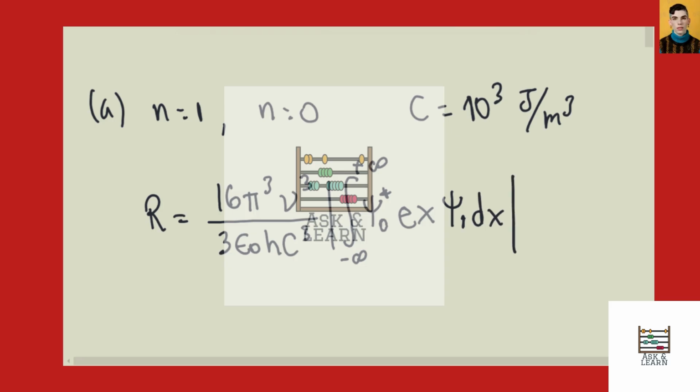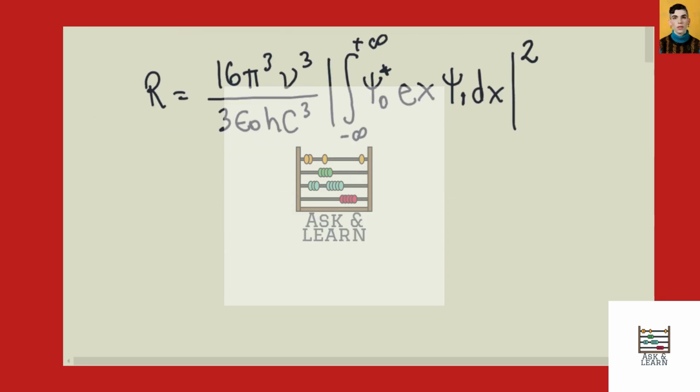We take the magnitude of this and then we take the square. The frequency is going to take the value of 1 divided by 2 times pi times the restoring force constant C divided by the mass, all elevated to 1 divided by 2.